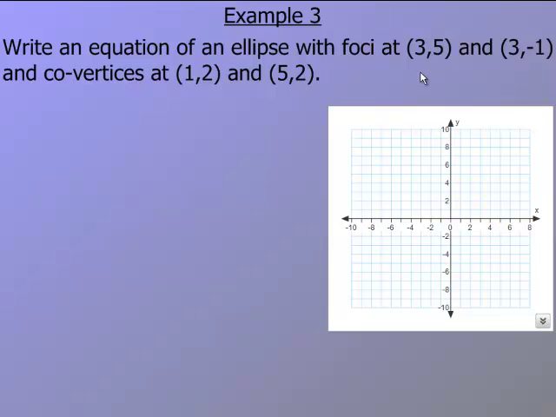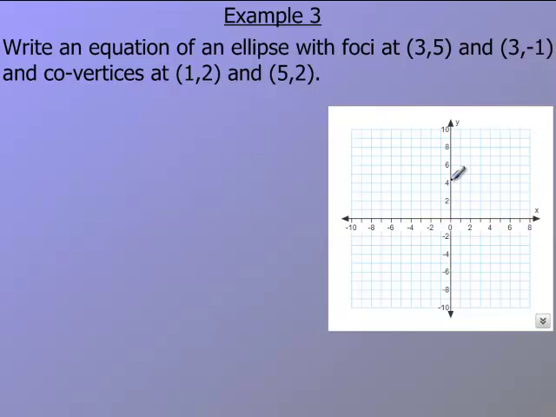In the next example, we're going to write the equation of an ellipse with foci at 3, 5 and 3, -1 and co-vertices at 1, 2 and 5, 2. So I'm going to start off by figuring out what type of ellipse we have by simply plotting these points and looking at what we have.